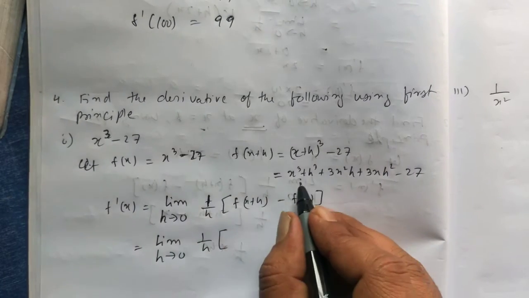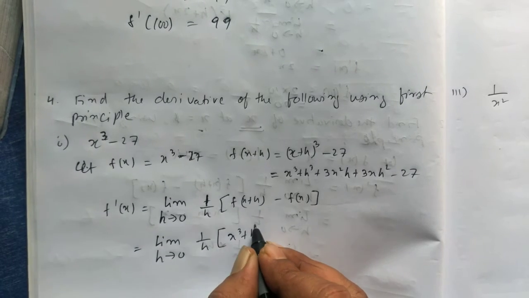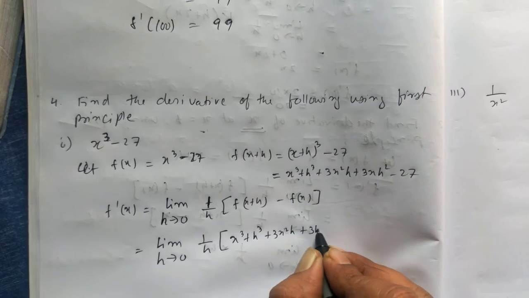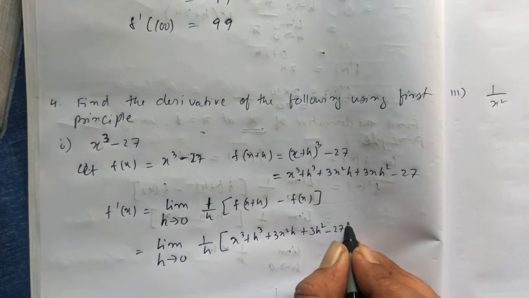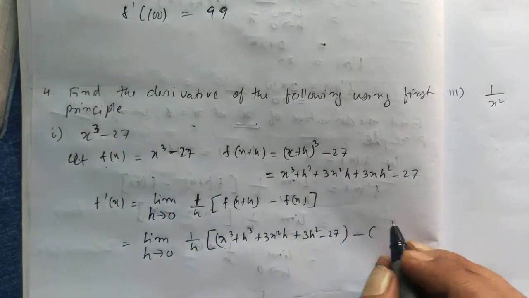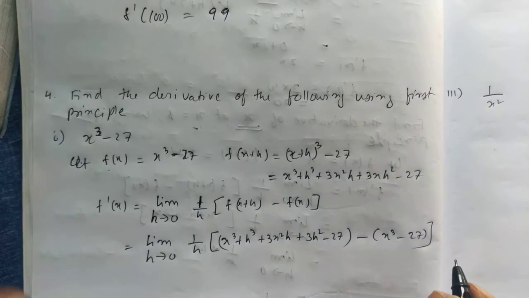What is f(x plus h)? This is the value I have already solved: x cube plus h cube plus 3x square h plus 3xh square minus 27. Minus, what is the value of f(x)? This is x cube minus 27. Remove the bracket.